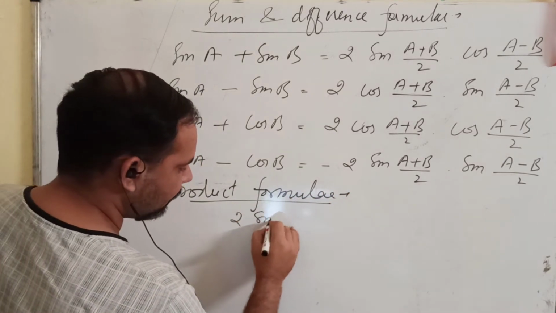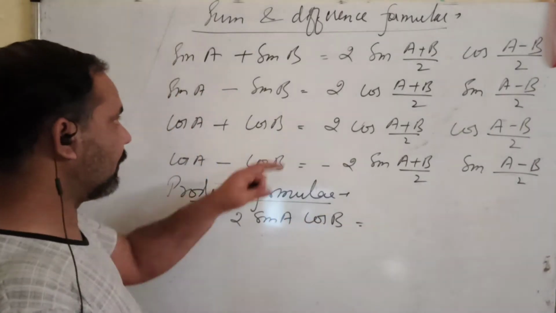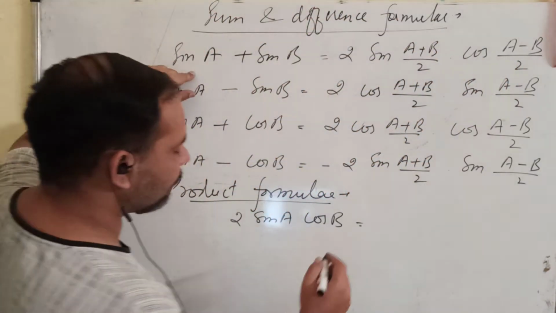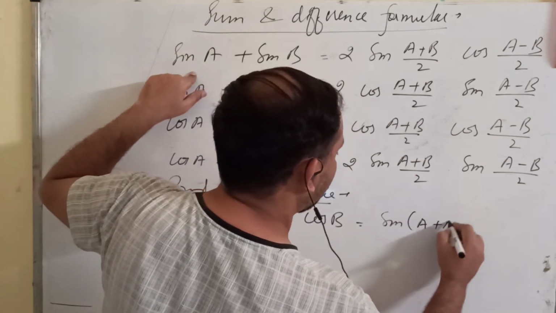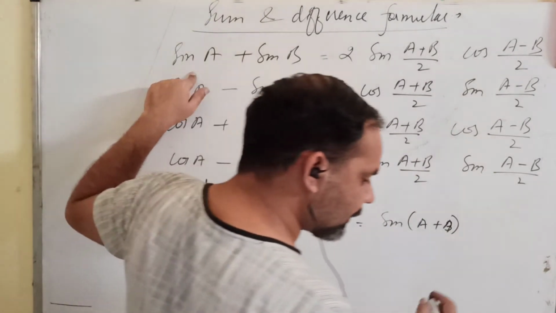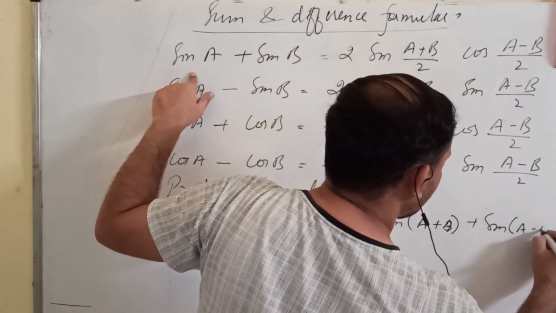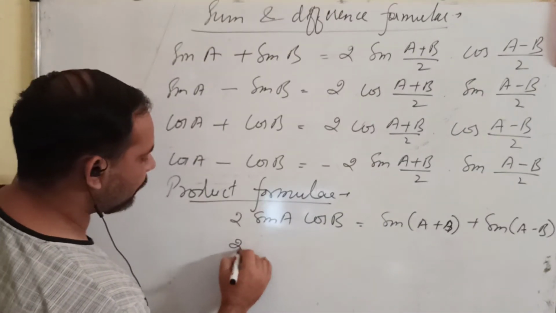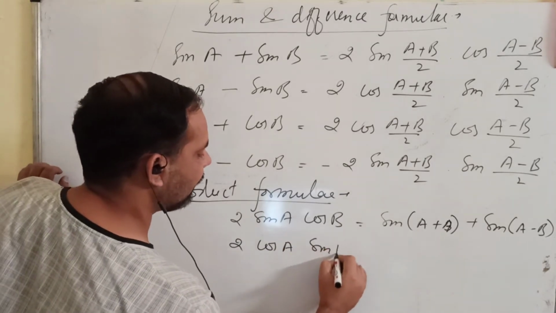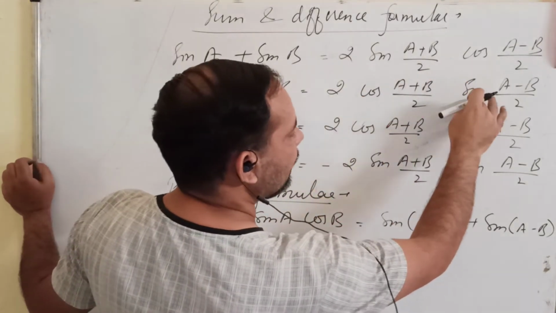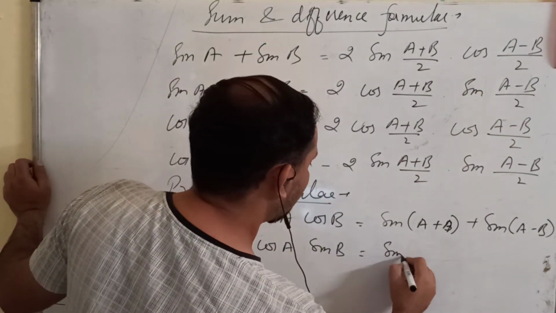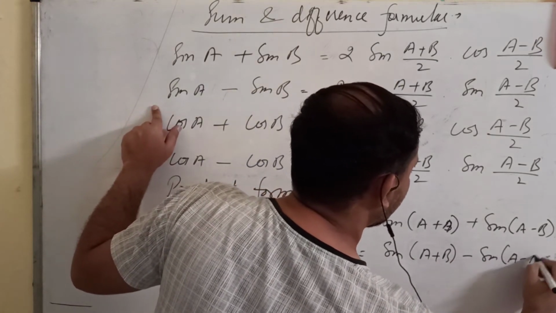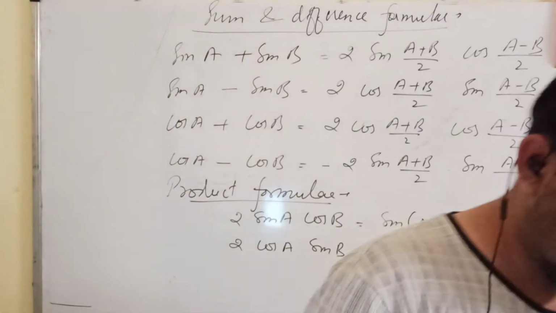Your first is 2 sin A cos B. So just reverse this and you will have sin A plus B plus sin A minus B. Again I will tell you afterwards the method. 2 cos A sin B is equal to sin A plus B minus sin A minus B. Okay.